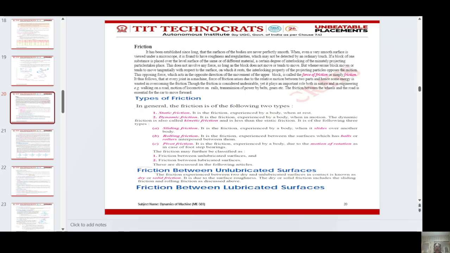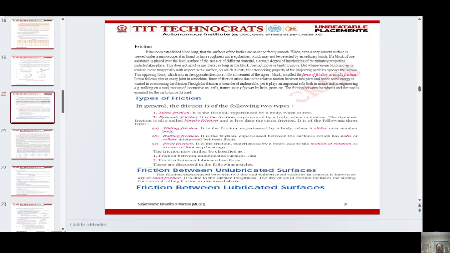The friction experienced between two dry and unlubricated surfaces in contact is known as dry or solid friction. It is due to the surface roughness. The dry or solid friction includes the sliding friction and rolling friction as discussed.